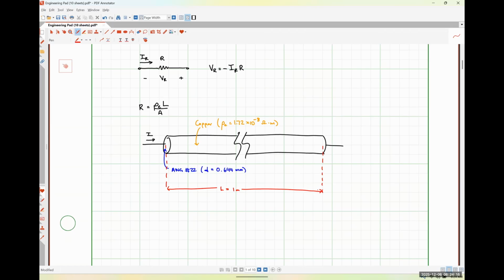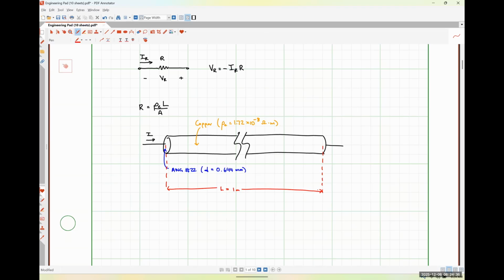Now, before we move forward in our calculation, I want to ask you a question. How long is 1 meter compared to the length of the wires that you've used to connect things in circuits previously? Significantly longer, right? A meter is a little bit longer than a yard.